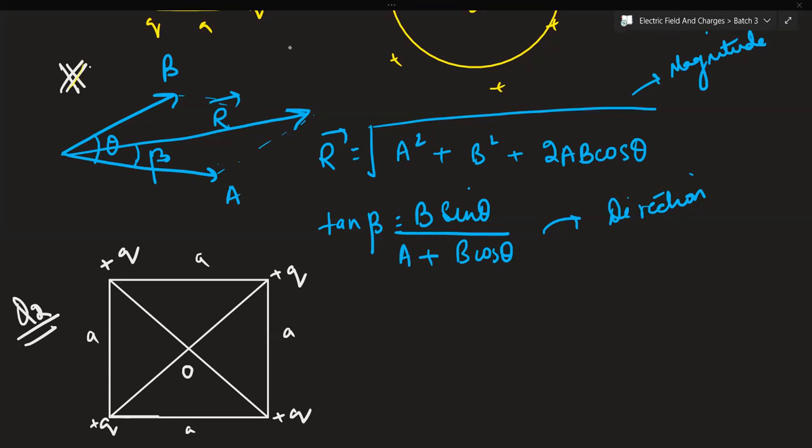Can anyone tell what would have been the electric field? 0. Yes, zero. Correct, it would have been 0.